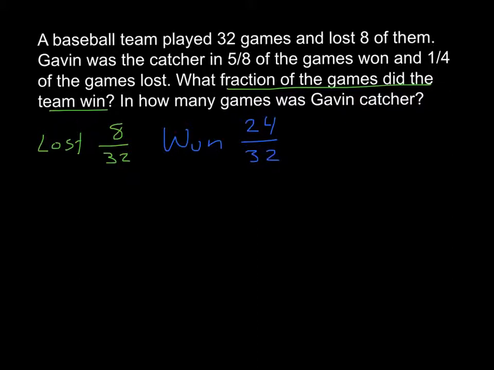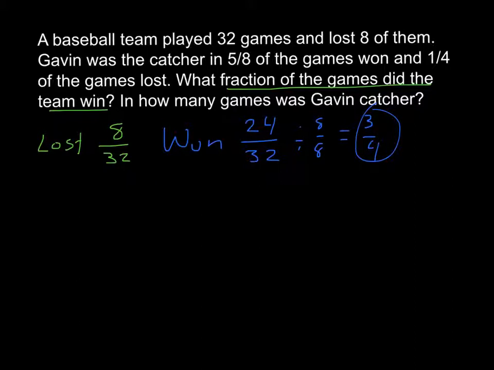And then we can simplify that if you'd like. And what's the number that goes into both of those? Let's try 8. So 24 over 32 divided by 8 over 8 is the same as 3/4. So we can say that Gavin's team won 3/4 of the games.